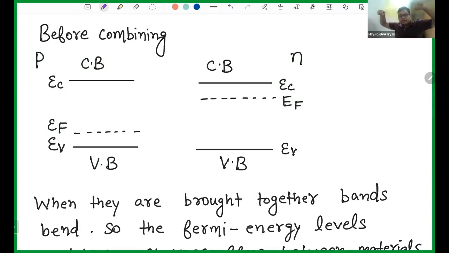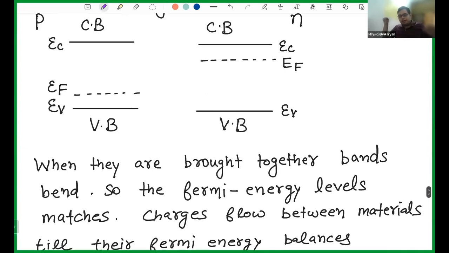Now I have two buckets and now I have connected them. So what do you say? Till what point will the water flow? Till the Fermi energy of both the materials becomes equal. Do you agree with this? So water will flow, or electrons will transport, until the Fermi energy in both the materials becomes equal. Or you can think that water in both the buckets is equal.